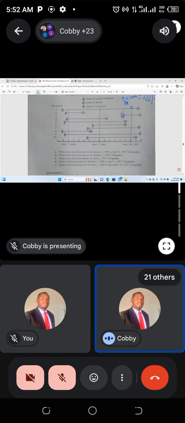Okay. When we are looking at the period prevalence, we are looking at the cases between the given time. So we're looking at the cases between October and April. Let's identify the cases between this time. Between October and April, we have this first case here.